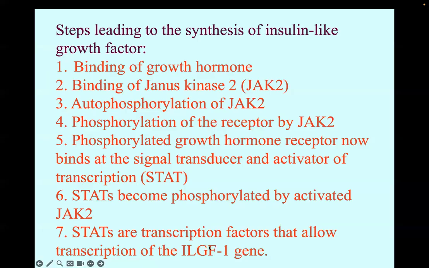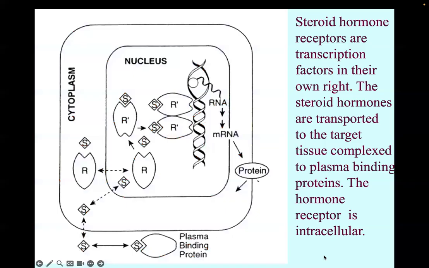And other factors are produced in cells that respond to growth hormone, primarily in liver. So we'll see the detailed cascade and where things happen in part two better. But this kind of signaling is very unique, and it's very effective.